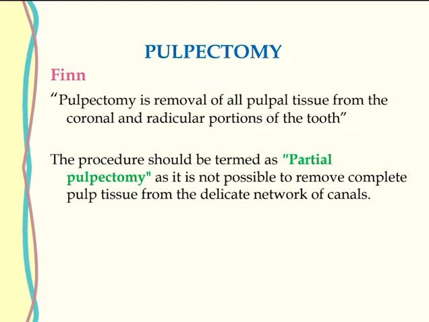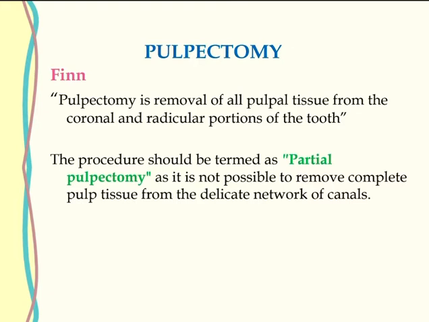Basically, if you see the morphology of the permanent root as well as the primary root, primary root canals have multiple lateral canals and multiple ramifications, while that is not the case in permanent tooth root canals. So as a result, pulp gets entangled in various lateral canals.